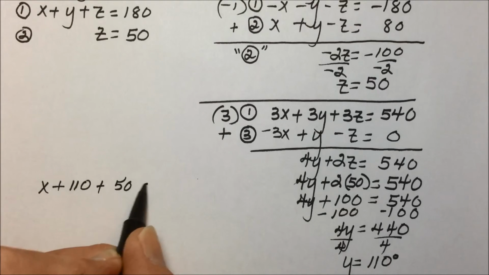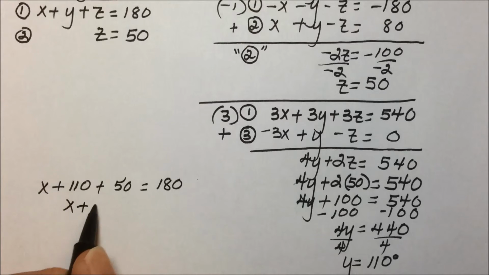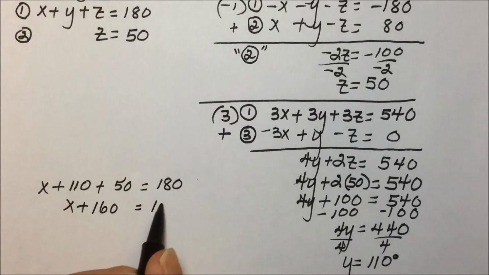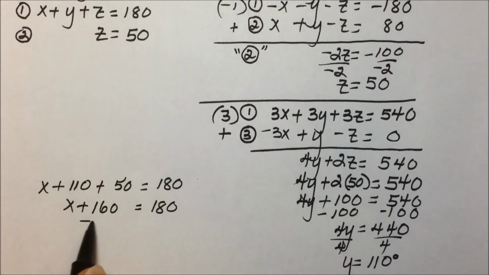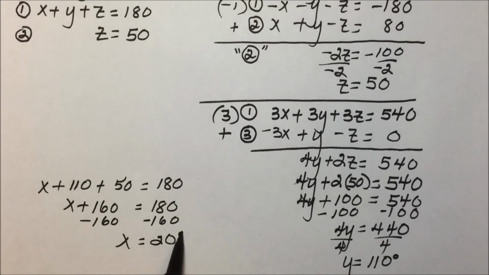Z we found was 50, adds up to equal 180. Simplifying on the left, we get 160 by combining like terms, and subtracting 160 from each side leaves us with x, the first angle, is equal to 20 degrees.